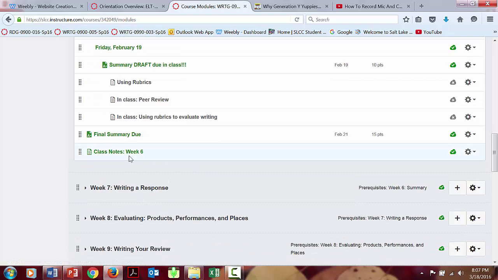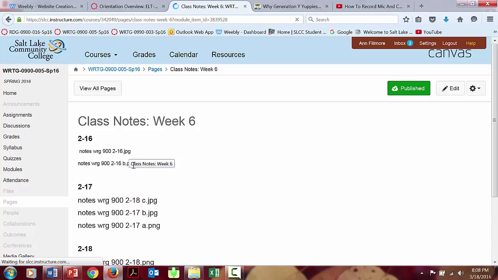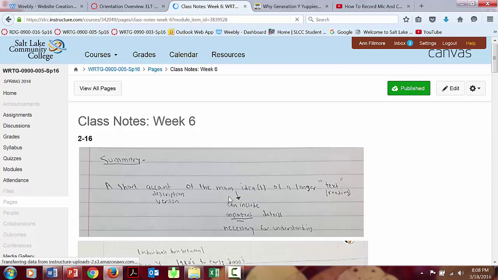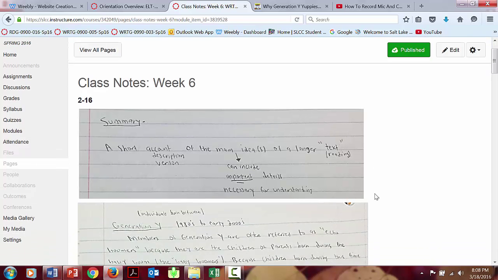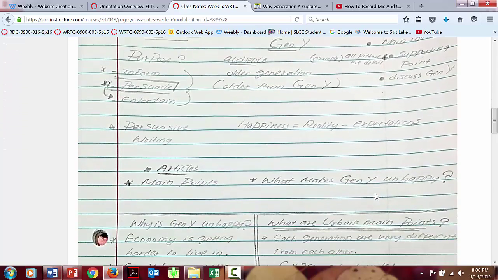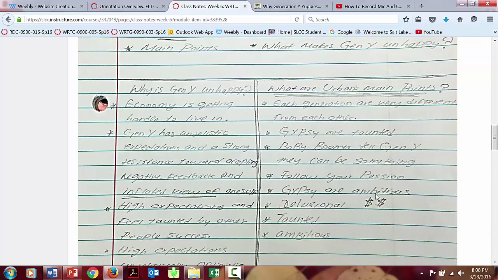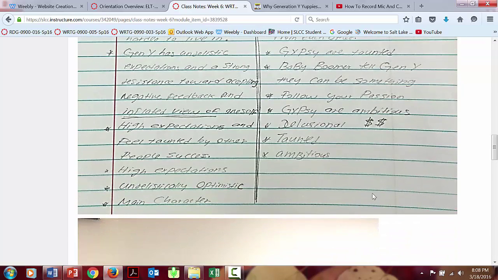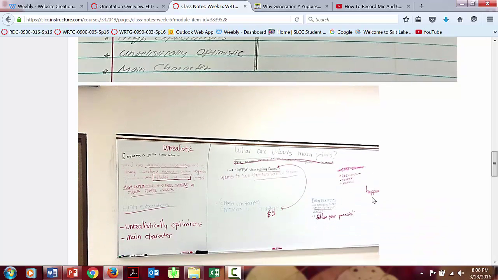This is a nice feature that the students came up with spring semester, and I love it. Each week we divide the calendar up, and students sign up to be the official note taker. As you'll see here, these are actual student notes. Then we just photograph them and upload them right to Canvas, so I don't put any names on them.